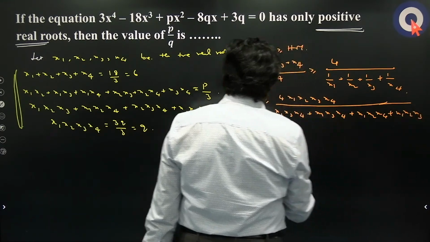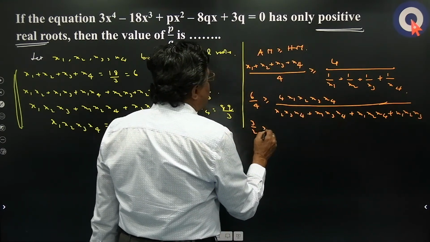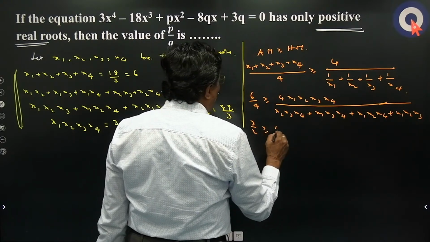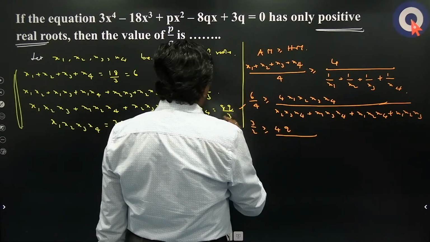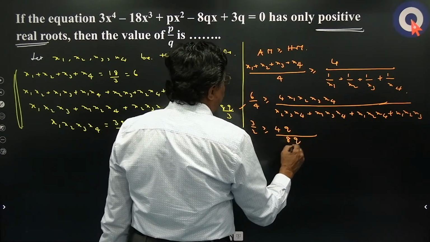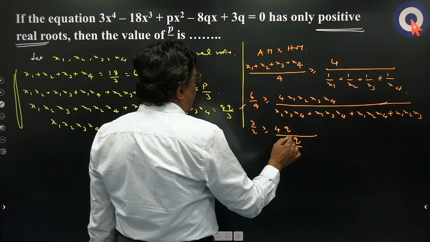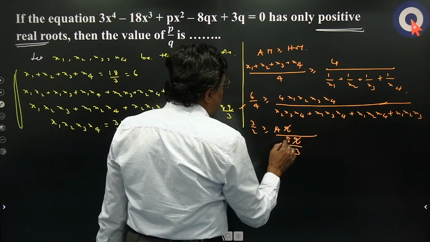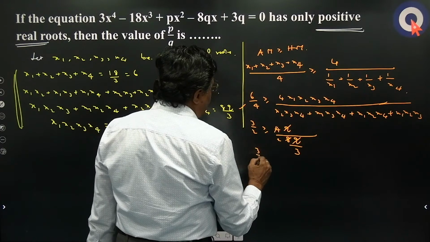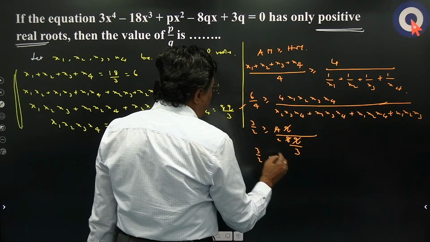So you can see here 3 by 2 is greater than or equal to 4q by this value, which we know is 8q by 3. As q is getting cancelled, it's working out here. So this is 3 by 2 greater than or equal to 3 by 2. What is happening? So it is equal.